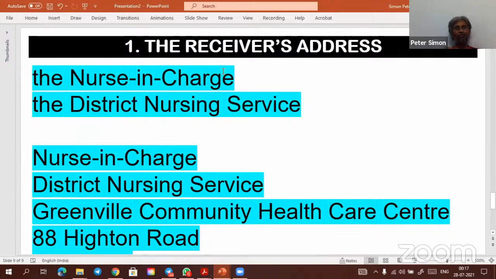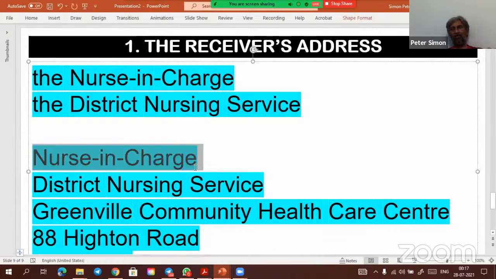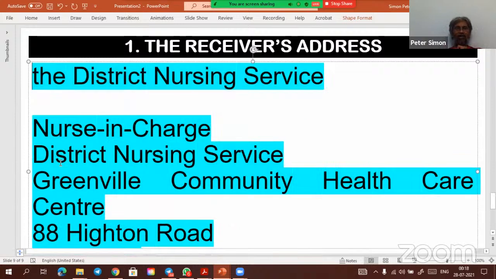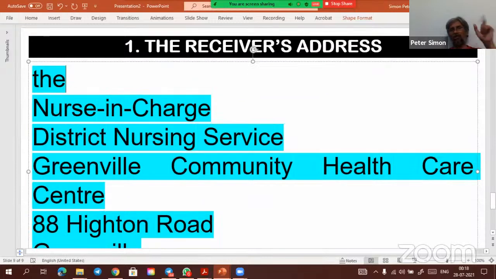Remember that. So now what I am doing here, see, nurse in charge is here. So I am deleting from there, which is already there. Then next one, district nursing service is here. So the is there.